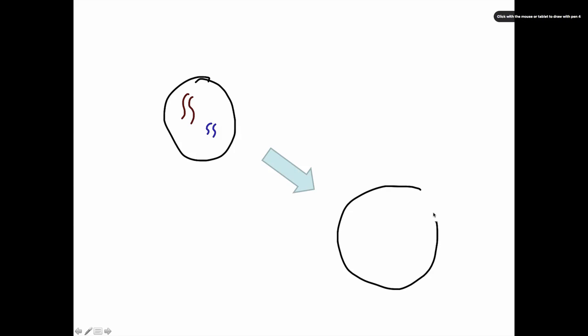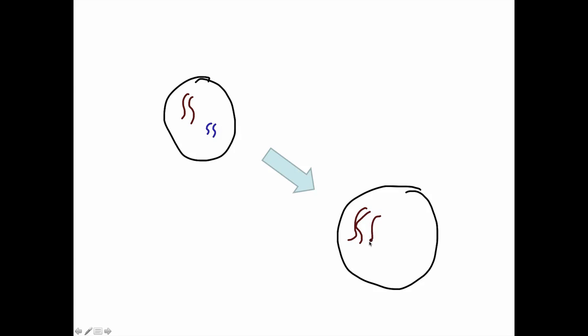Okay. So here, if we draw a cell, and I put in some chromosomes like this, we have homologous pairs. We know one of these is from mom, one of these is from dad, one of these is from mom, one of these is from dad. If this is going to go through S phase, after S phase, I make a copy of the one from mom.